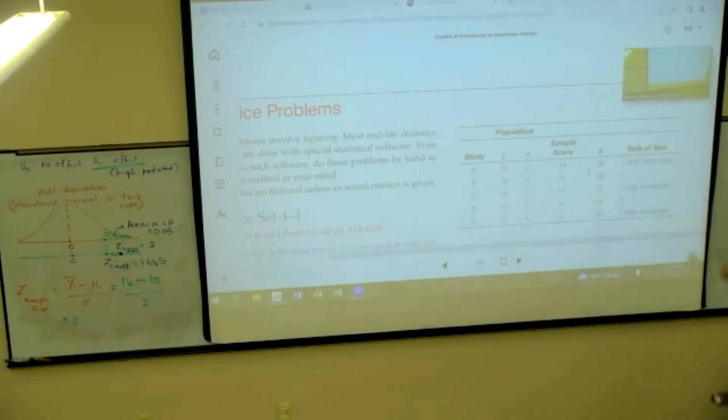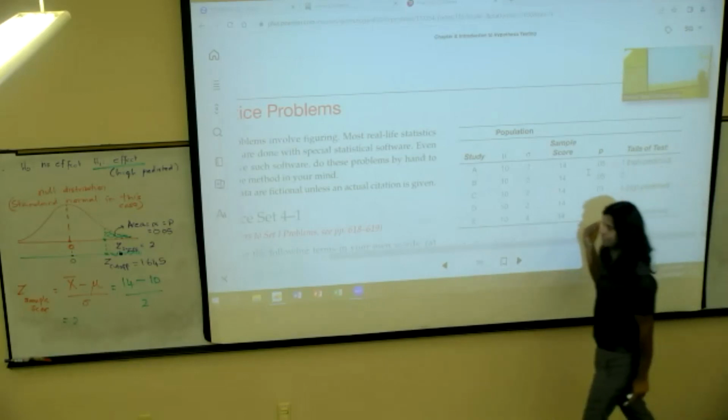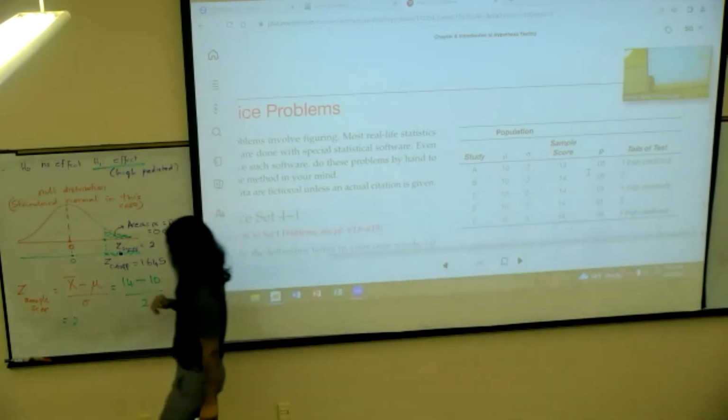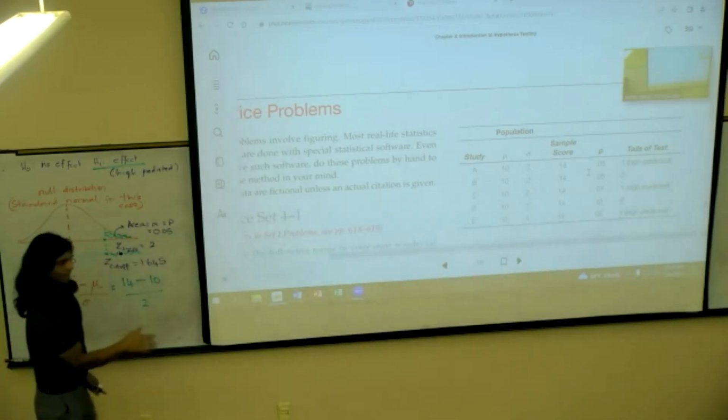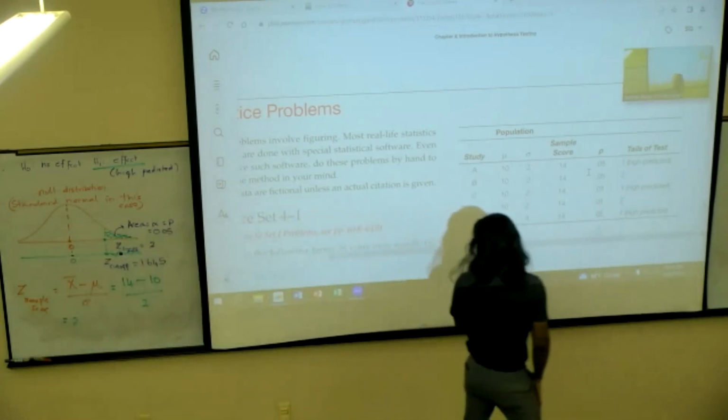Very good. I could be on this side or that side. So intuitively, I don't care if it's low or high. If it's low or high, there is an effect, which is why they didn't specify. Intuitively one can understand. So study B, I have to erase this, running out of space.